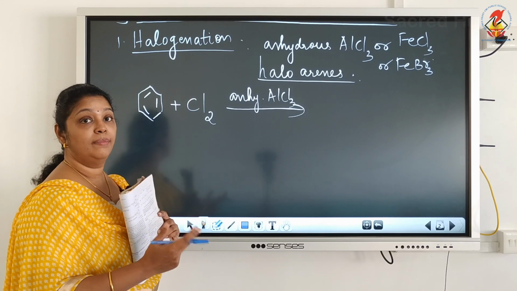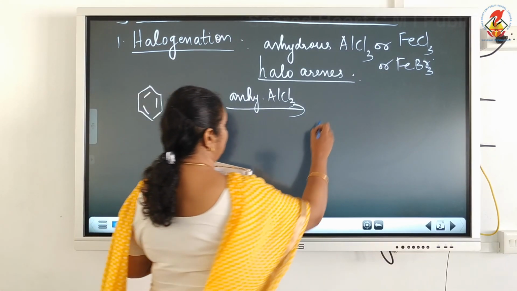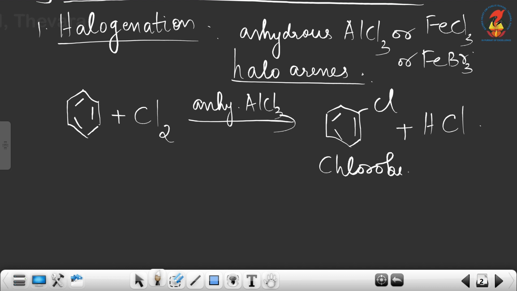Cl plus will substitute one hydrogen of benzene and we get the product as chlorobenzene. One hydrogen is substituted in benzene with chlorine. We have one chlorine from Cl2 which will go as HCl. So, the name of the product is chlorobenzene.